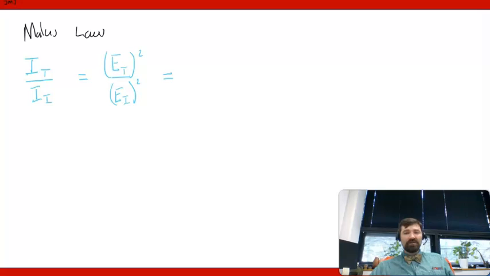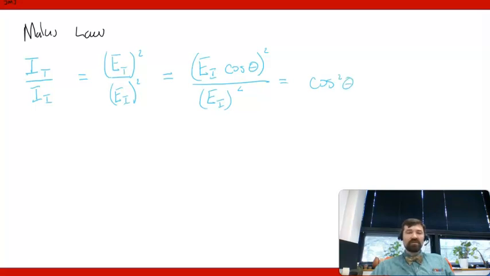This in turn becomes E incident times cosine of the angle theta that's between the two of them, squared, divided by, again, E incident squared. So if I cancel my like terms, I end up with a cosine squared of theta term.